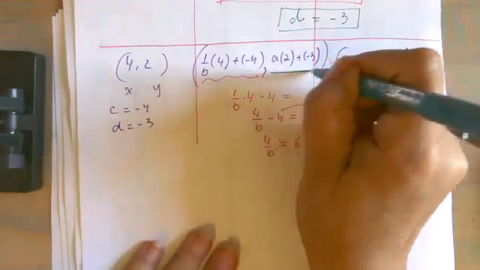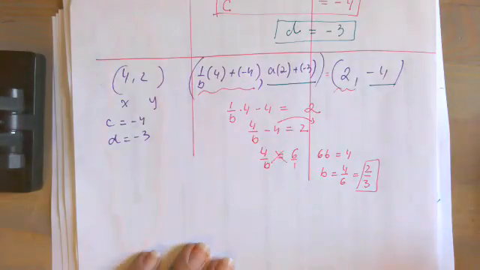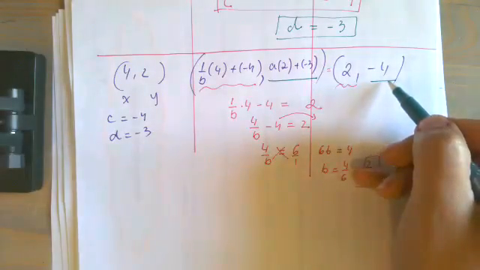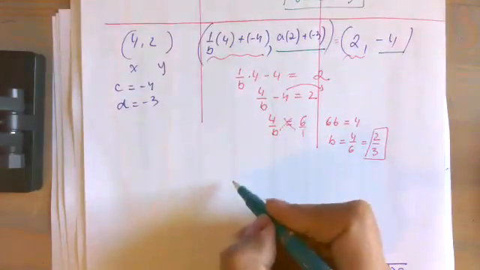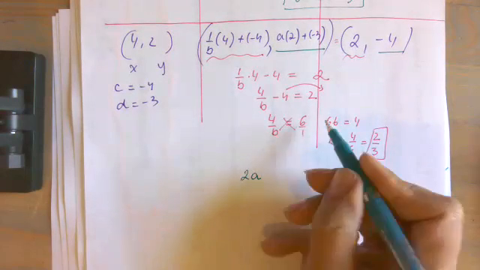And then we have this part here equals that part there. So this transformation on y has to equal that y value. So let's see what we get there. So we have a times 2 or 2a plus minus 3.